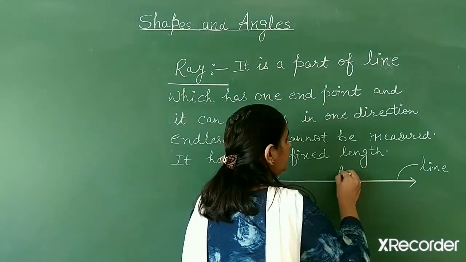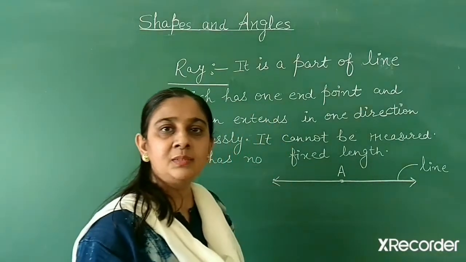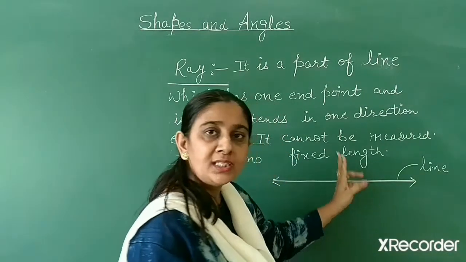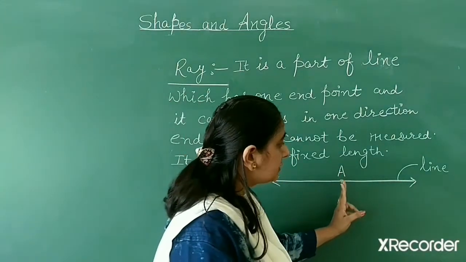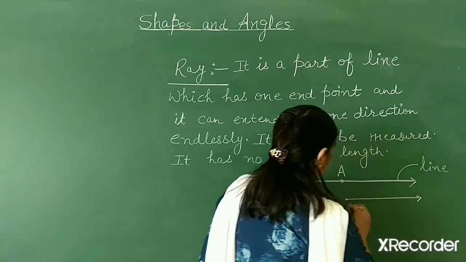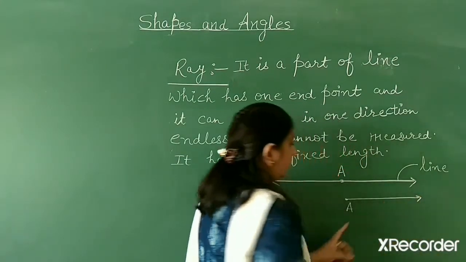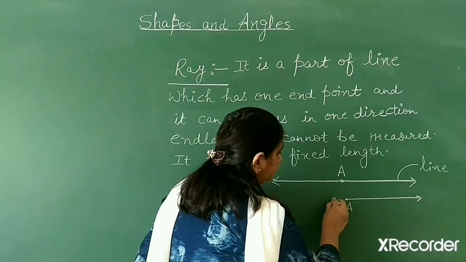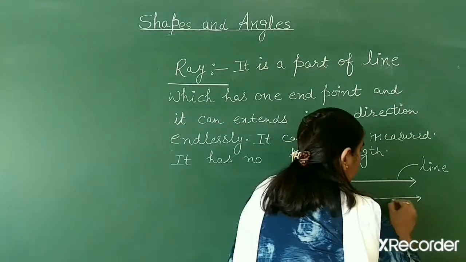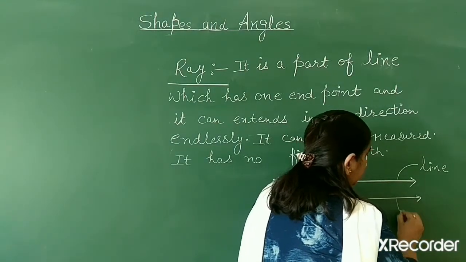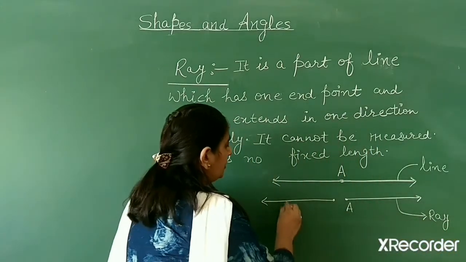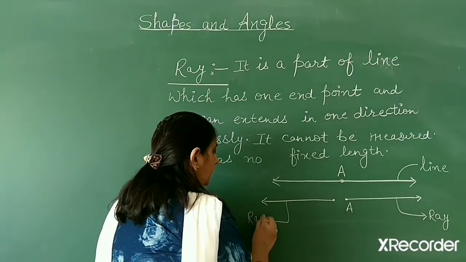Say this is the point A. Now, cut this line from point A. When you cut this line, you will get these two shapes. This is one shape and this is another shape. Now, this shape is a ray and this shape is also a ray.